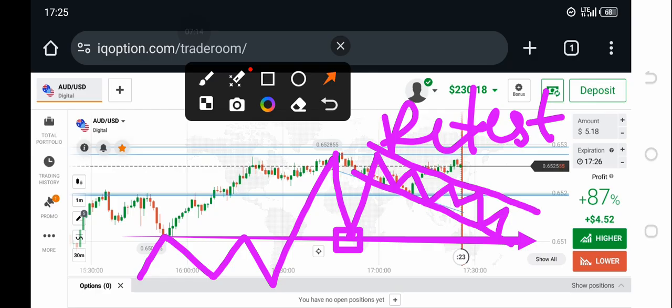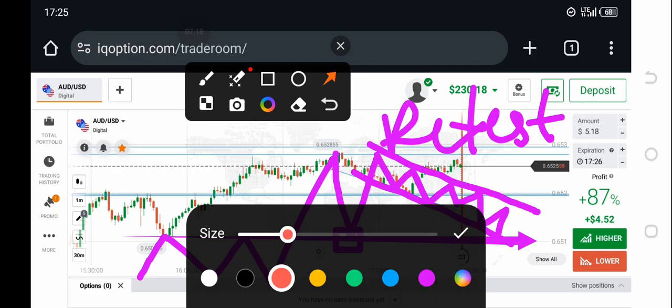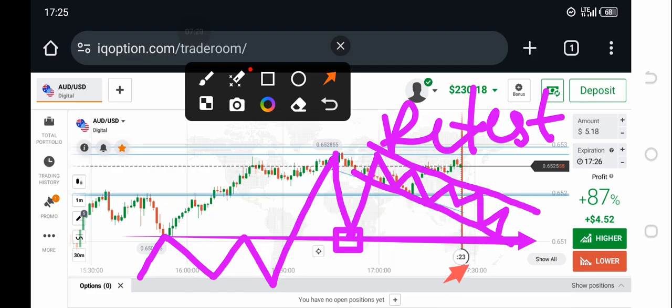As the market gets to this particular area here, because initially we already know that this area is a level of support after this breakout, initially it was a level of resistance. Definitely the market will reverse from this particular area to the upside.